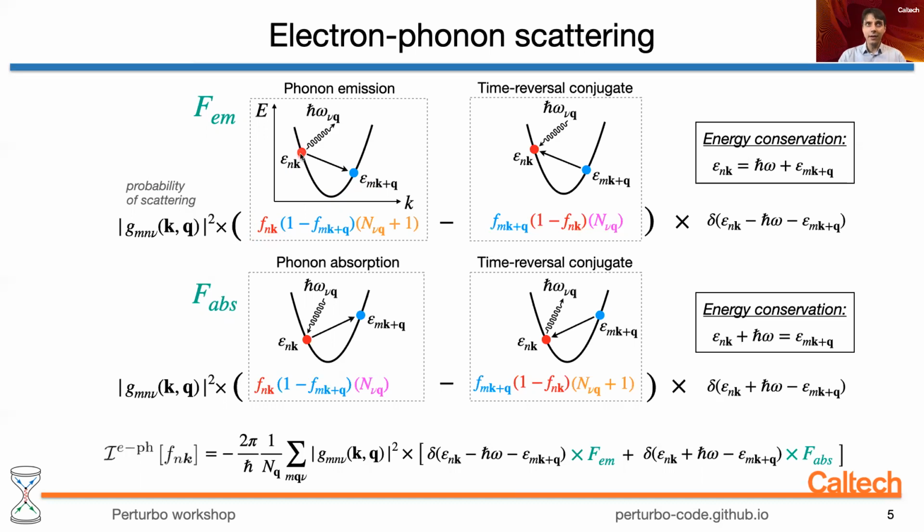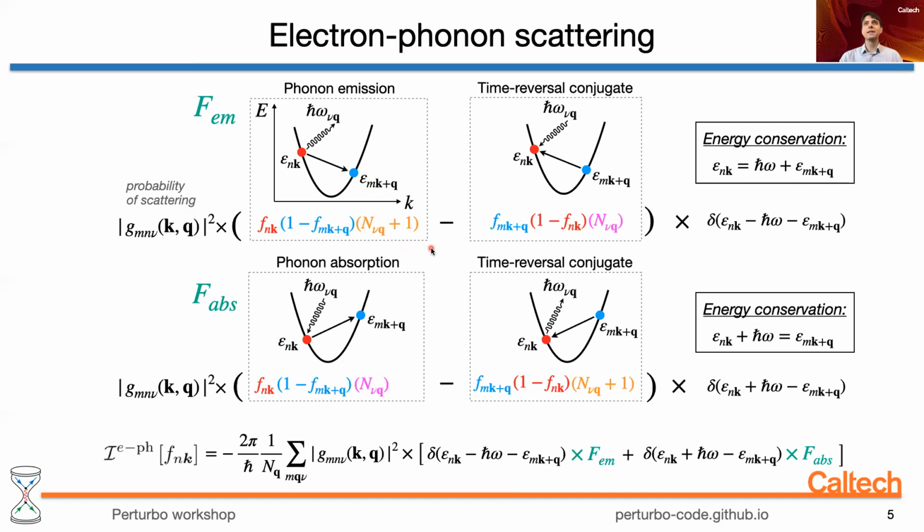Then the electron can undergo this transition if we have some empty states at the final state. So the empty states correspond to 1 minus the occupation function of the final state. And then, since we emit a phonon, we multiply this term by n+1. So plus 1 because we can always emit one phonon.